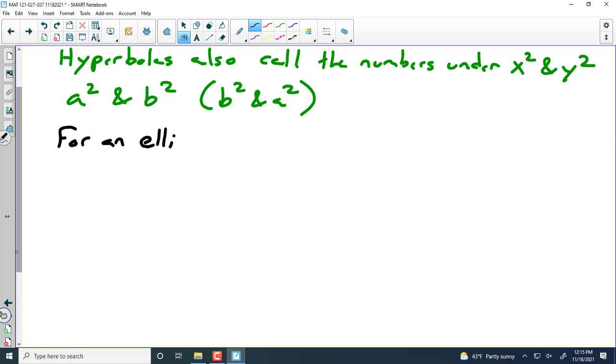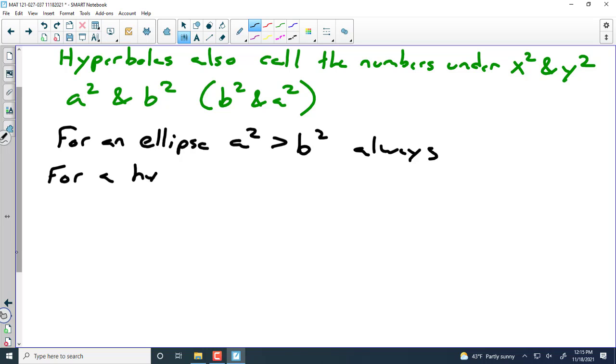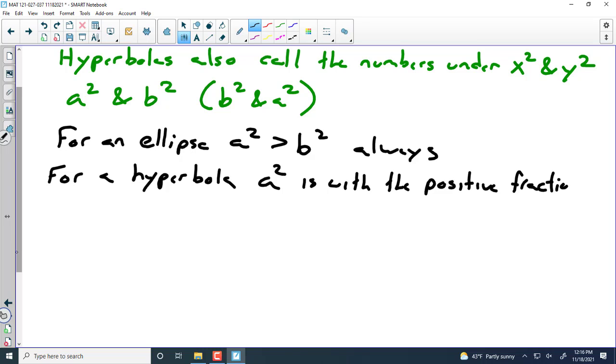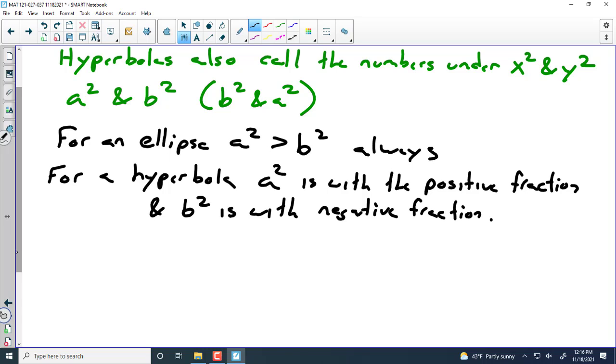For an ellipse, a squared is bigger than b squared, always. For a hyperbola, a squared is with the positive fraction, and b squared is with the negative fraction.